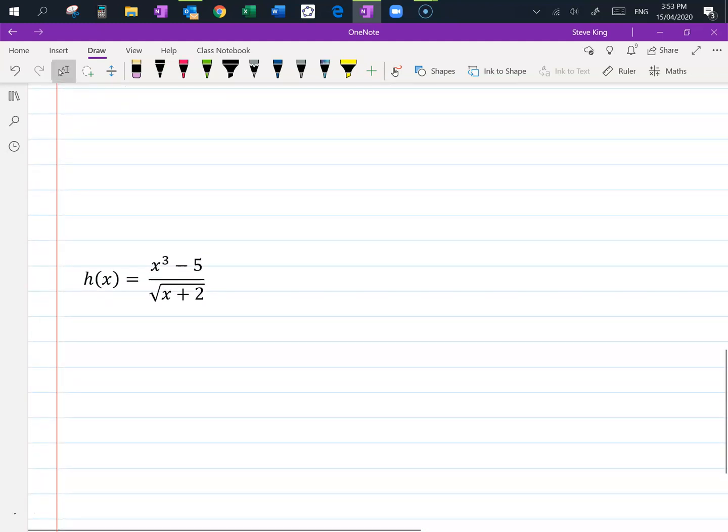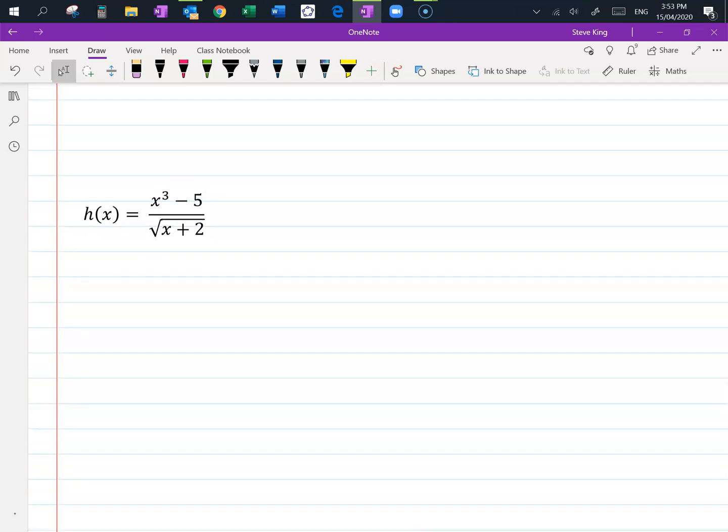Next example is this one over here. Making it slightly more complicated by having the square root down the bottom line. Well, we can always make that look slightly different. So I've got x cubed minus 5, and this is going to be divided by x plus 5 to the power of a half.